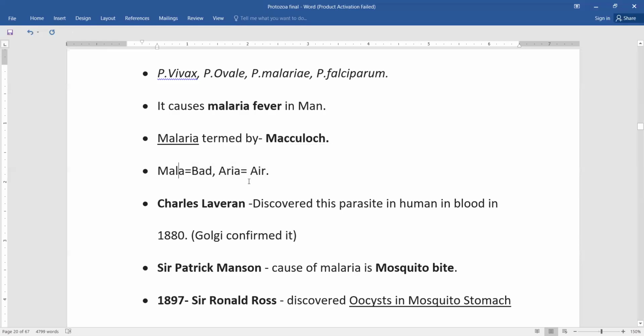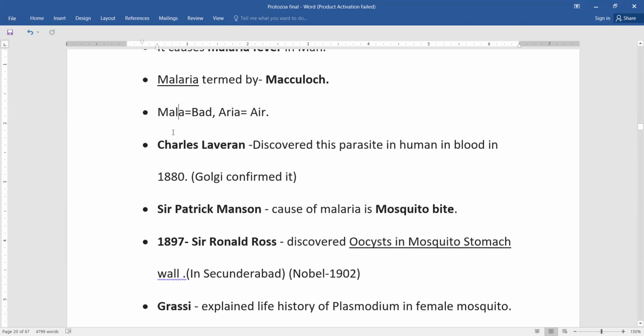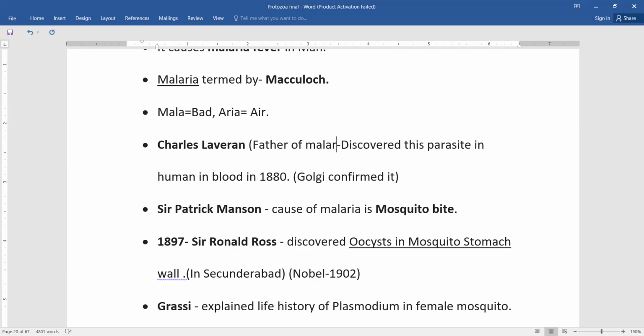So that name continued, but actually it is not caused by bad air. Anyway, Charles Laveran is generally considered as father of malaria. He discovered this parasite in human blood in 1880.